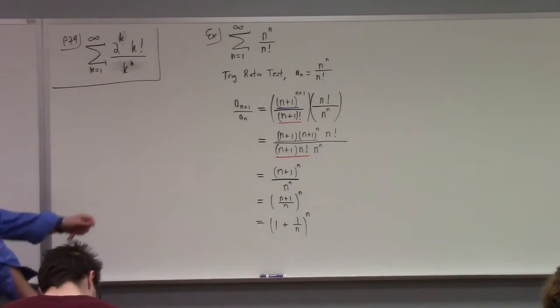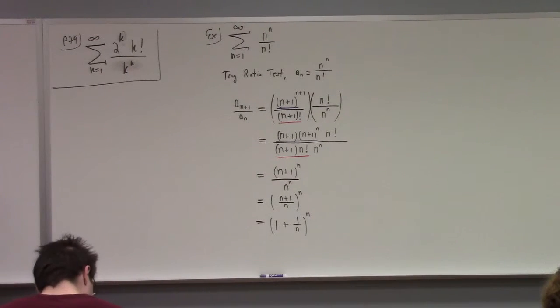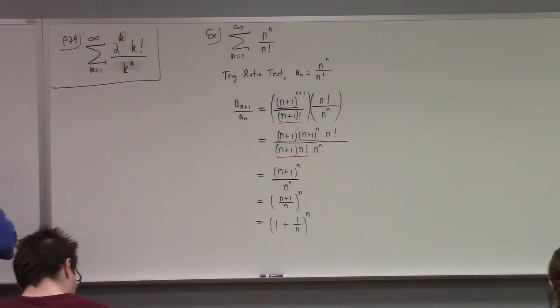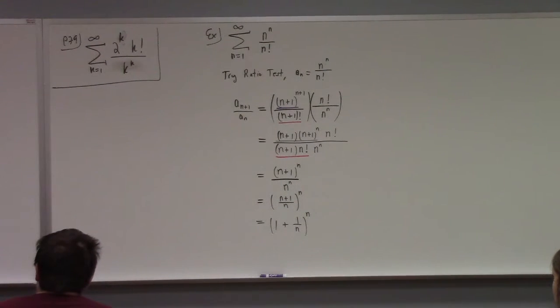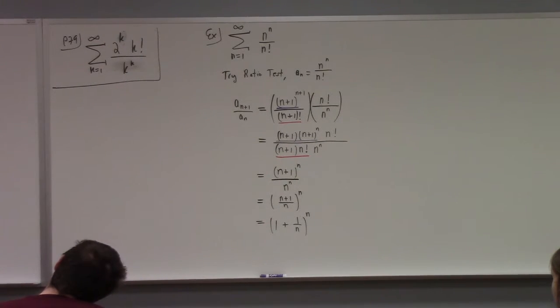Well, is it the worst though? As n goes to infinity, what happens there? 1 to the what? 1 to the infinity, which is not 1. This is an indeterminate form, right? So what's the limit as n goes to infinity of 1 plus 1 over n to the n? Do you guys remember?